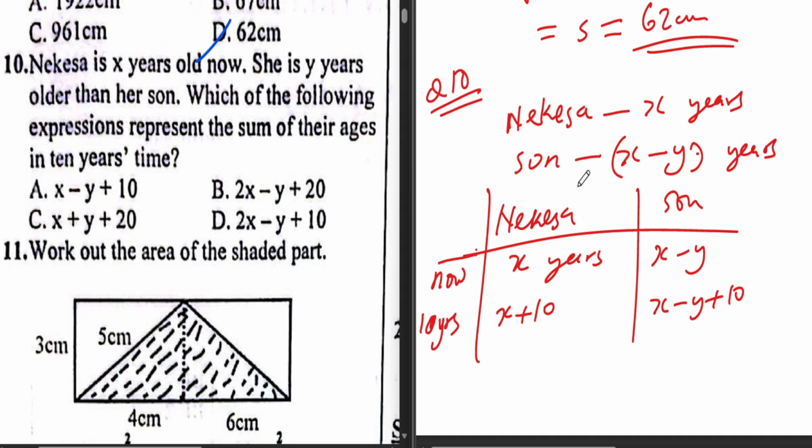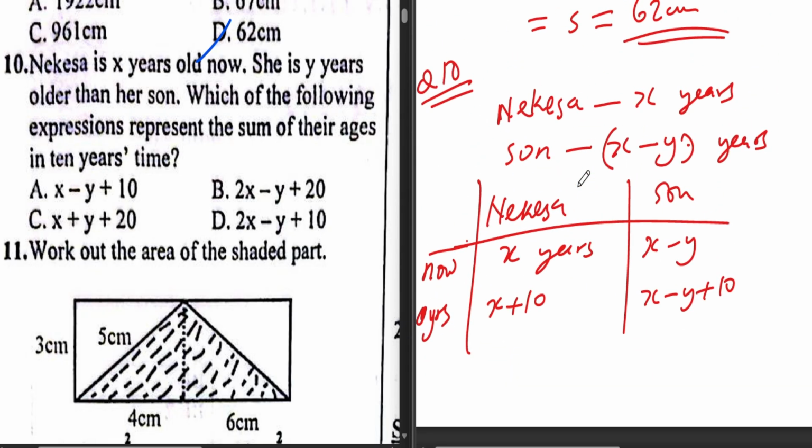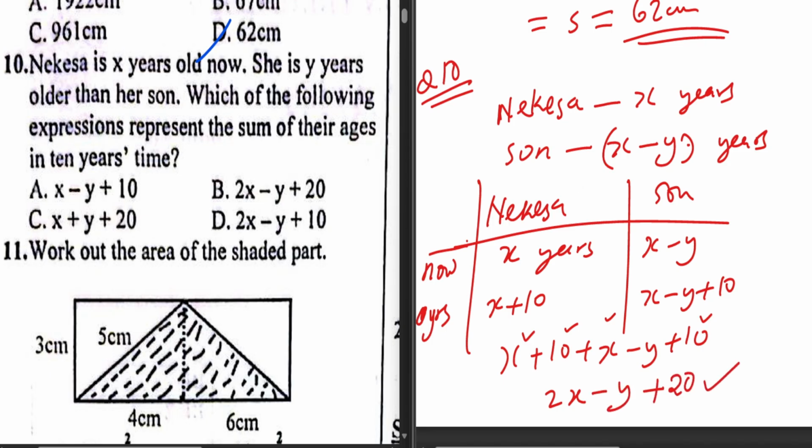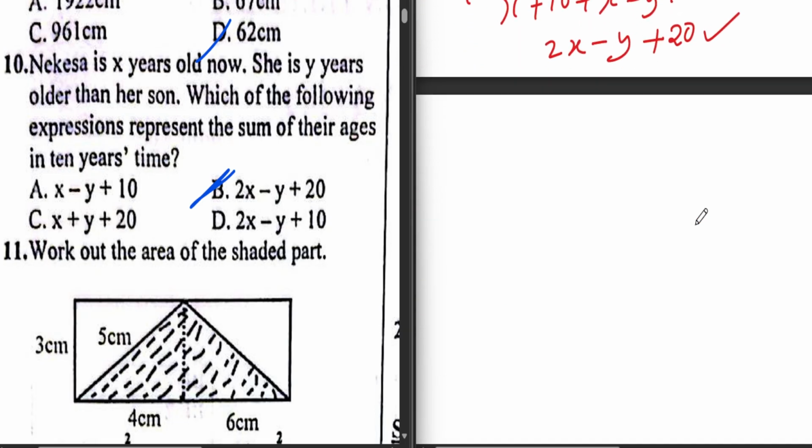So the sum of the ages is going to be X plus 10 plus X minus Y plus 10. So X plus X gives you 2X. 10 plus 10 gives you 20. But just write minus Y plus 20. So this is the answer. Where is the answer? This one. So that's question 10 for you.